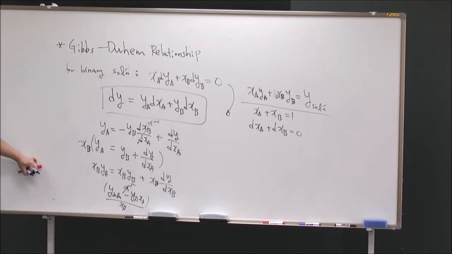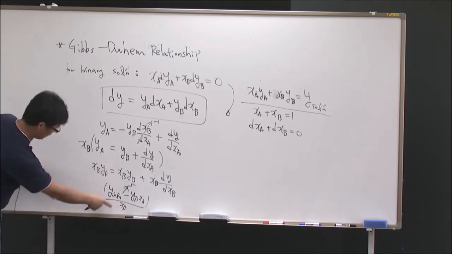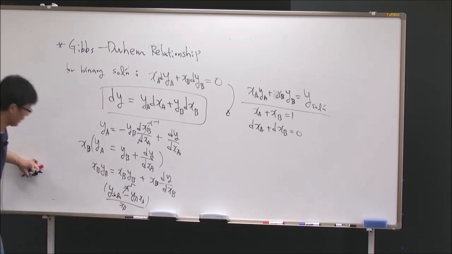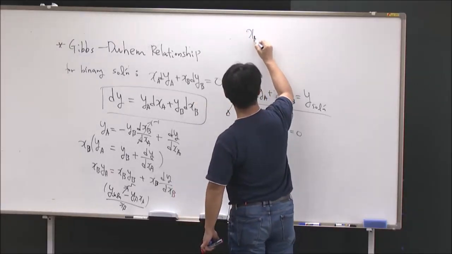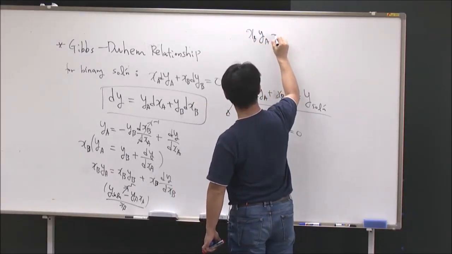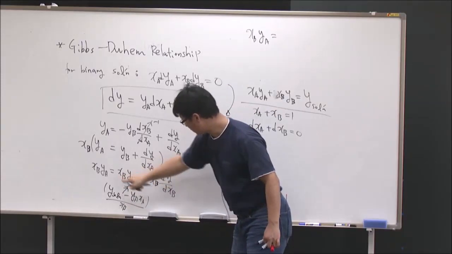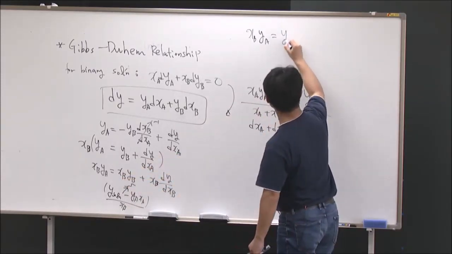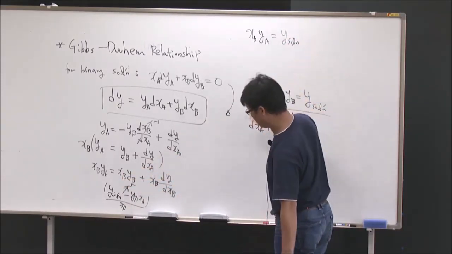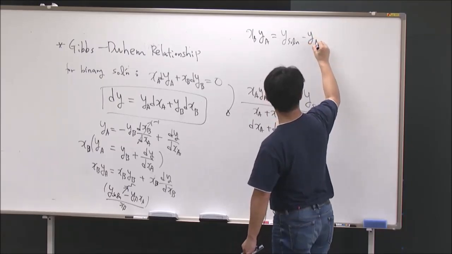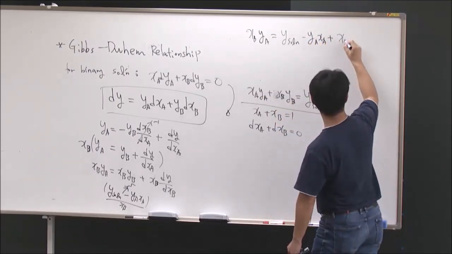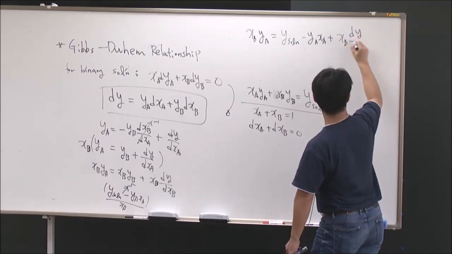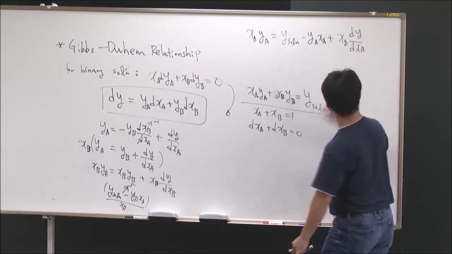Is it okay? And then if I multiply this, xB will be cancelled out. So eventually xB yA equal to, yB xB is cancelled, so it's y of the solution minus yA xA plus xB dy over dxA.